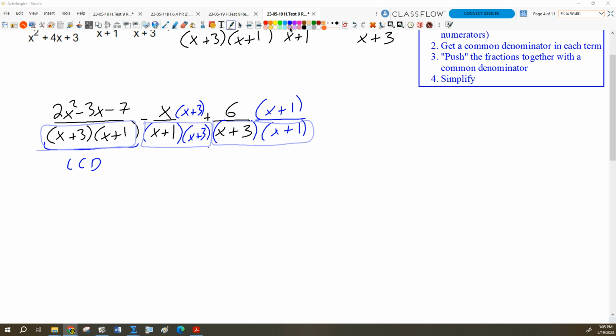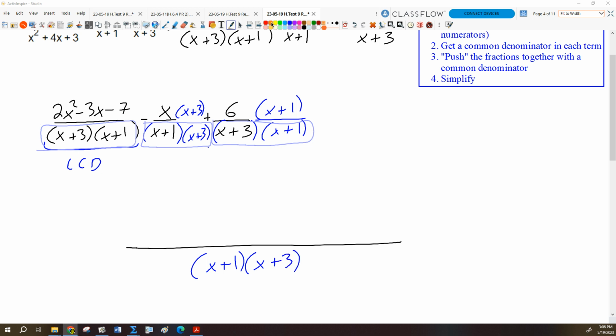So next step. Well, we're going to push everything together, write it with one common denominator. So now this is all going to look like one big fraction with my common denominator, x plus 1 times x plus 3.